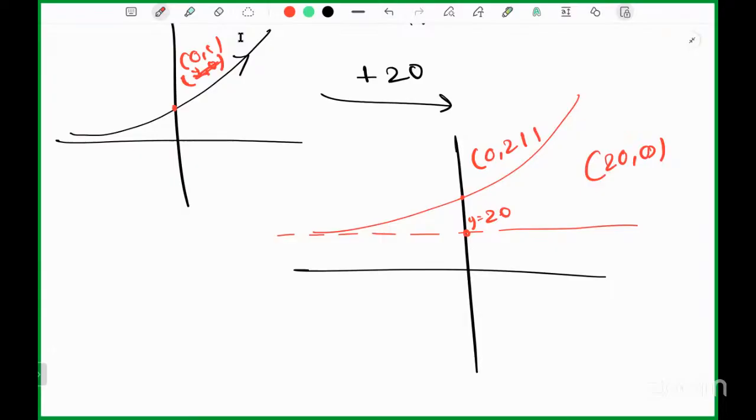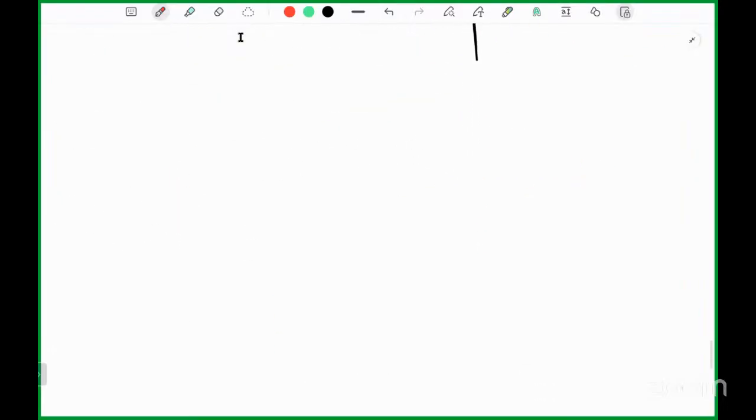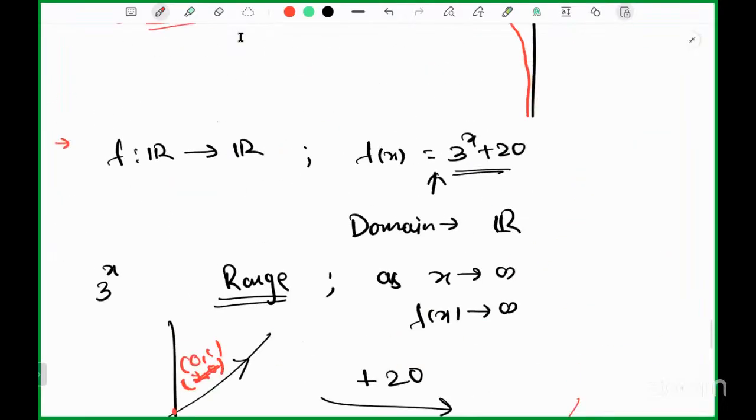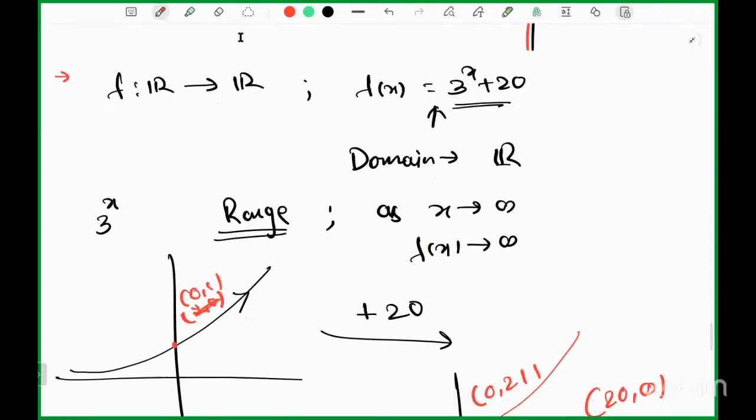Ma'am, here, if it is 2 to the power x plus 20, then there is no x intercept. In the previous example where it was 2 to the power x minus 32, there was an x intercept.